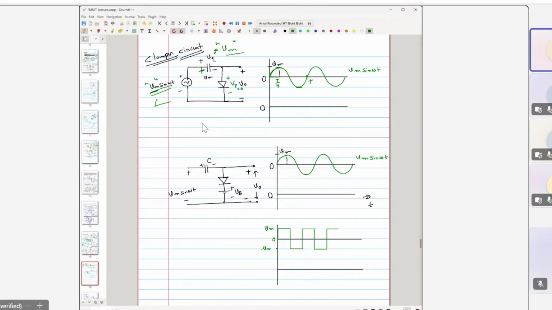Now let us consider what happens after that. When the input signal starts falling, the capacitor will hold this charge with a potential of plus Vm.